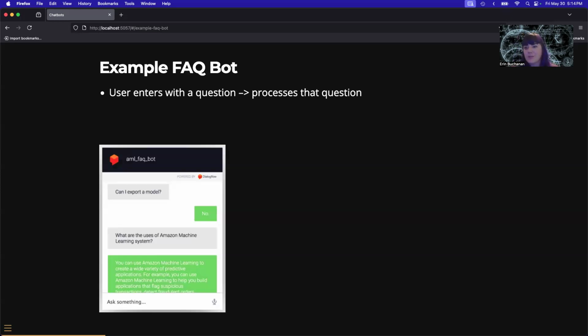So, lots of variation in the background. Okay. It looks for what it thinks the correct answer is, and then provides an answer. So processing the question first requires us to figure out semantic meaning. What are they asking? What is the intent of the user? Okay. Once I know that, I have to find the answer to the question, if there is one. And then I will give that answer back to you.